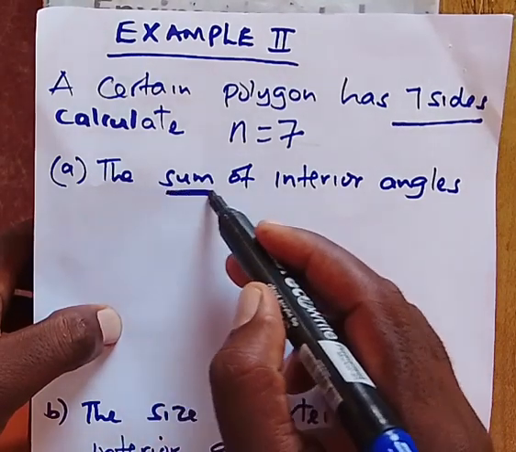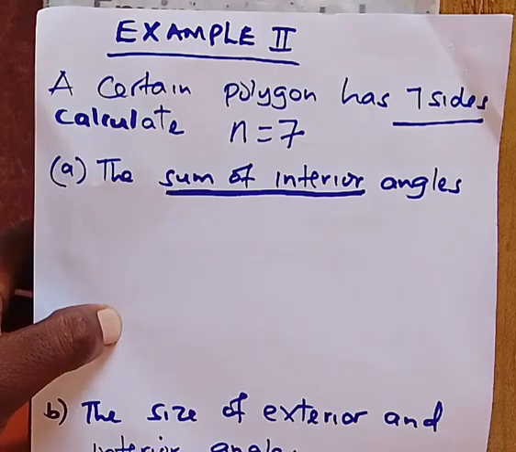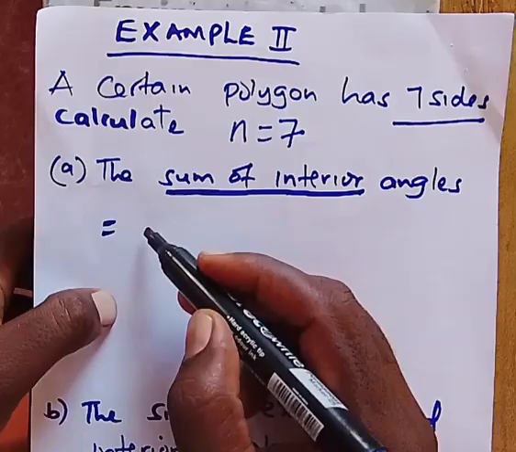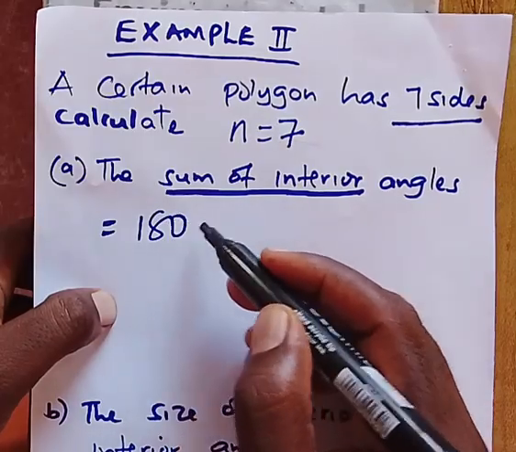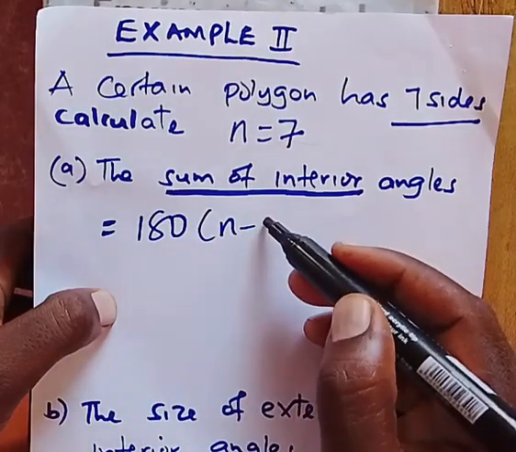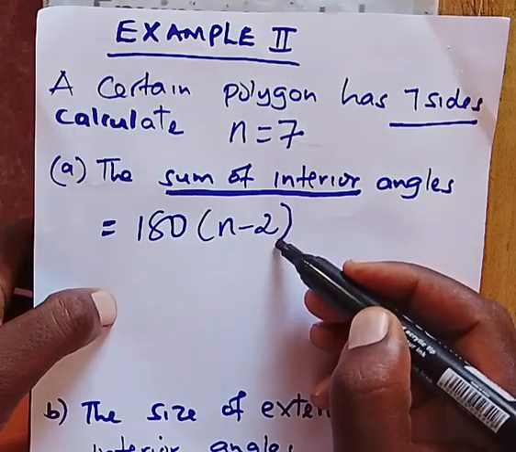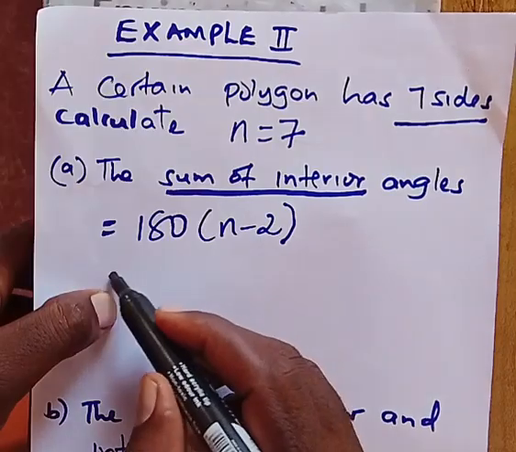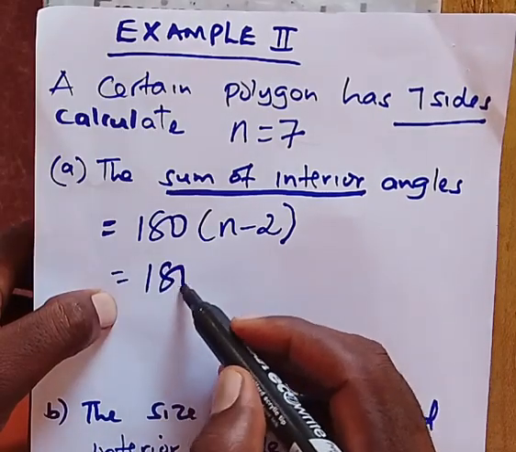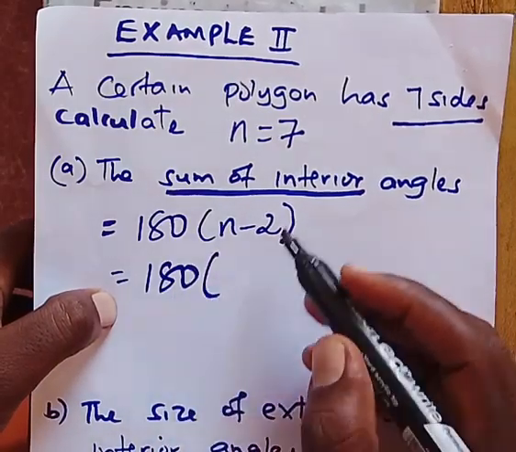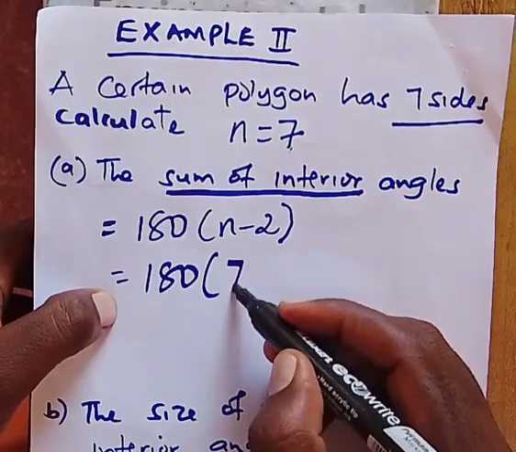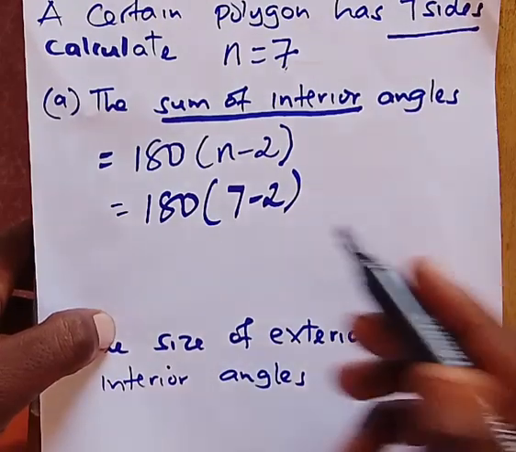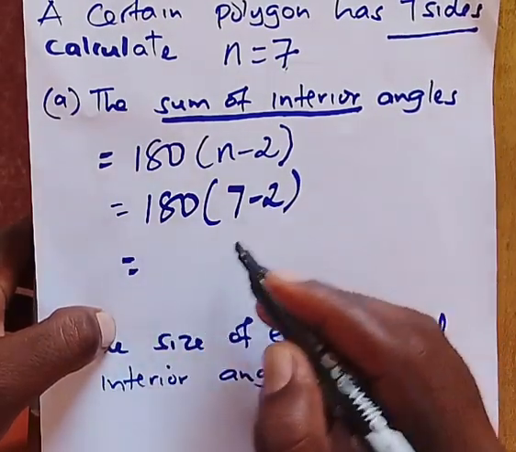So we are looking at the sum of the interior angles. The sum of the interior angles is always given by 180 into n minus 2. And we already have n. So it will be equal to 180 into 7 minus 2, and 7 minus 2 is 5.